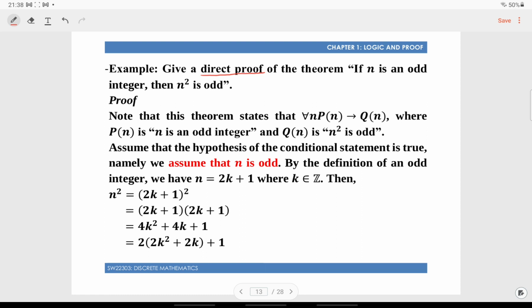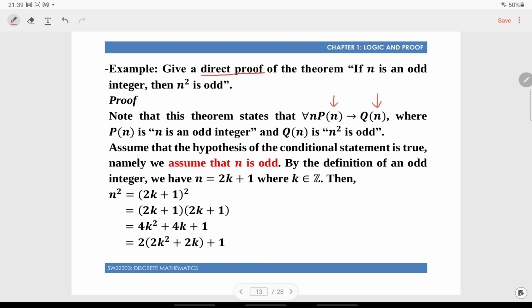Note that this theorem states that for all n, if P(n) then Q(n), where P(n) is "n is an odd integer" and Q(n) is "n squared is odd." We have two statements with the same input n.